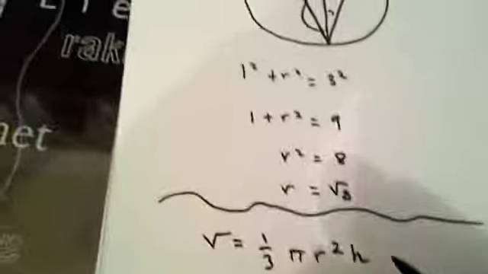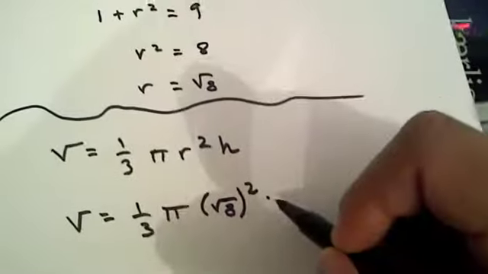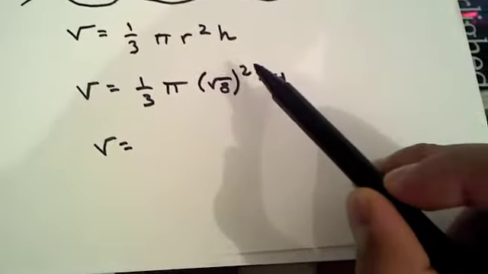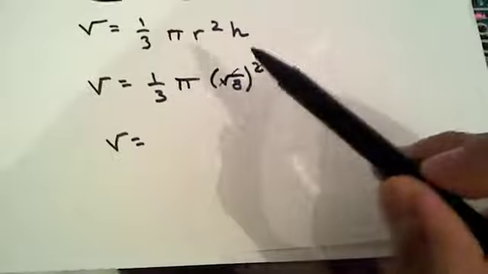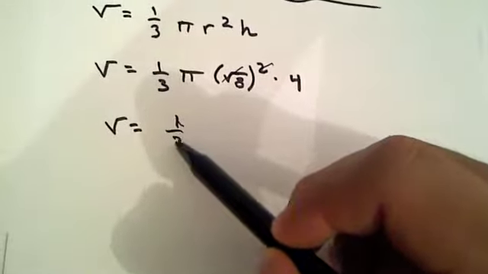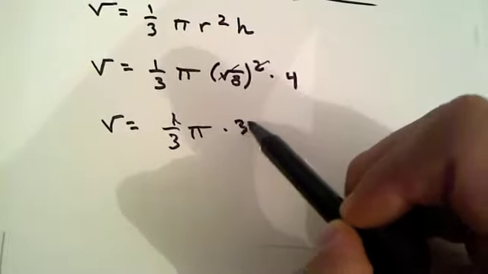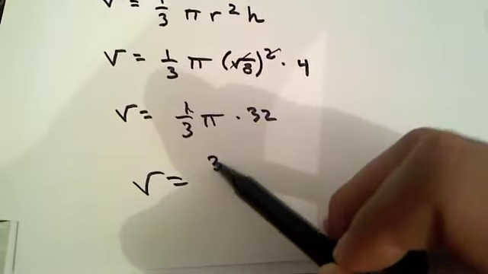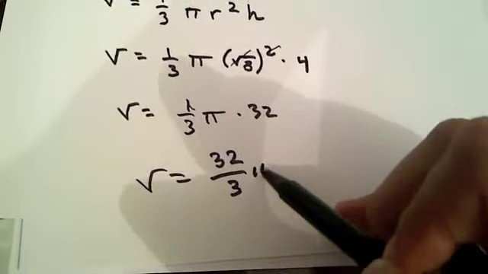And h, we know that is 4. Now we're ready to solve. Volume equals, this cancels out with the square root, so it would be 8 times 4 equals 32. So 1/3 pi times 32. Our final answer, volume, equals 32 over 3 pi.